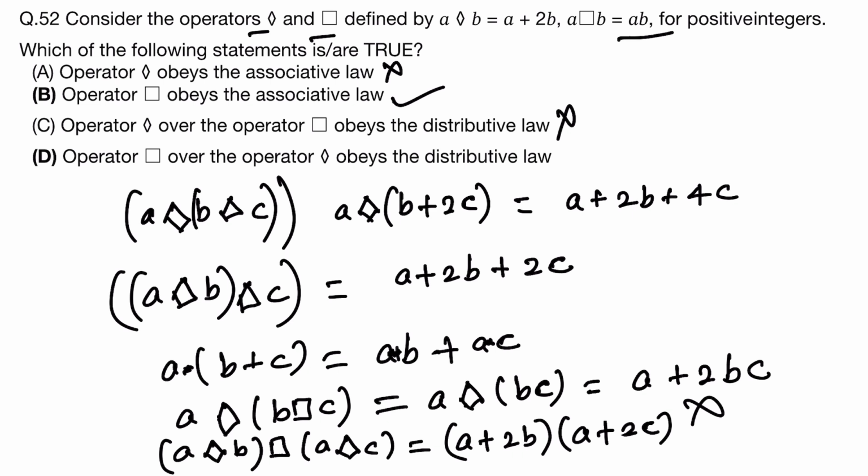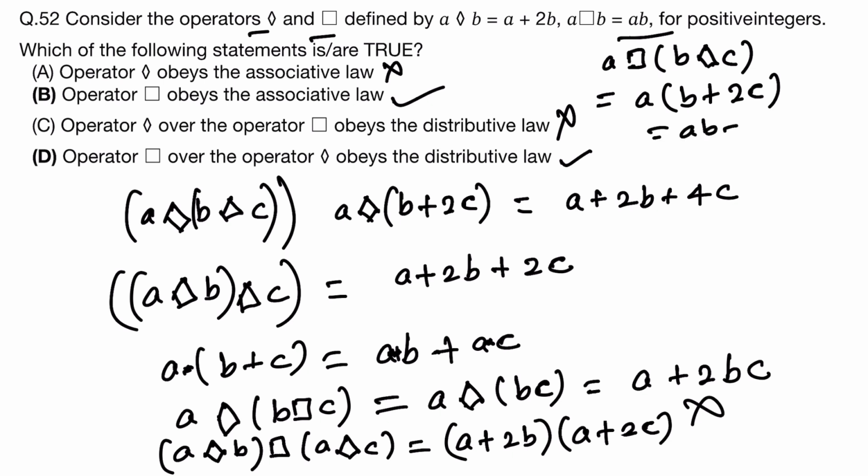This will be true. You can see a square b rhombus c. If we solve this one, this will be a into b plus 2c, which is ab plus 2ac.